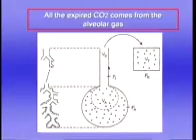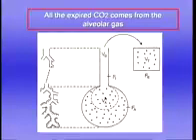Why? Because the dead space contains the inspired gas from the previous breath left behind in the dead space. There are no alveoli in the dead space, no gas exchange. Indeed, that's why it's called dead. And so there's no CO2 here. So all the CO2 in the expired gas comes from the alveolar compartment.